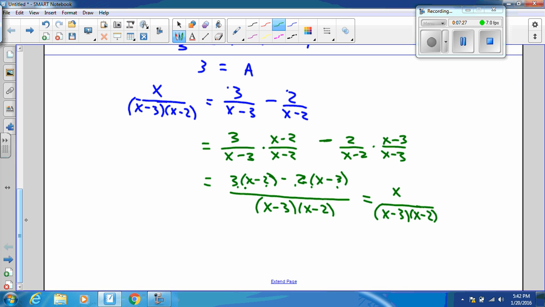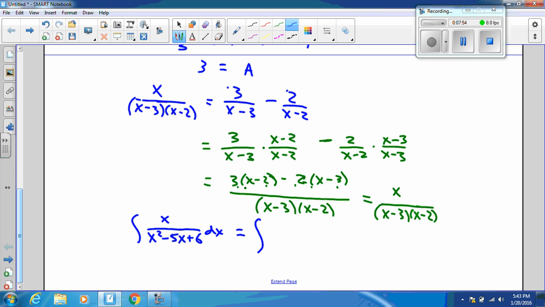Now, here's how this would help us with integration. Let's suppose that I need to integrate the integral of x over x squared minus 5x plus 6 dx. Some different ways I could try to approach it. I could try to let u equal the entire denominator, but then du is 2x minus 5. That's not exactly right.